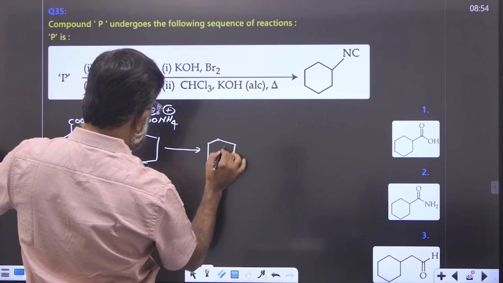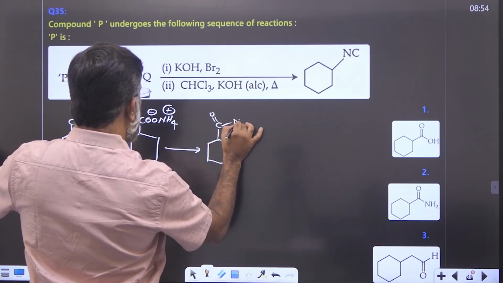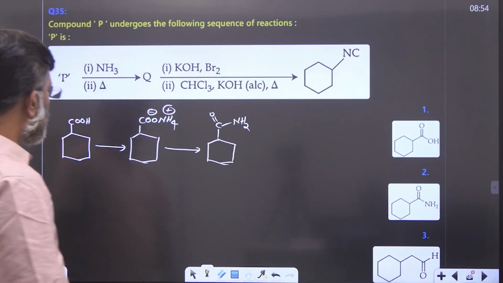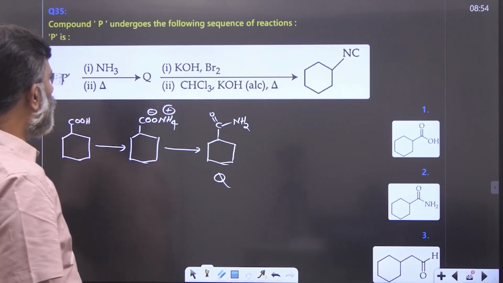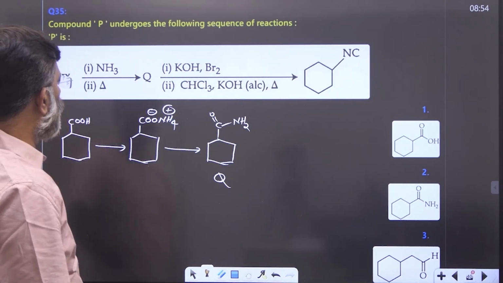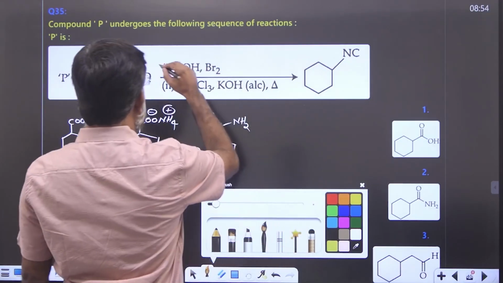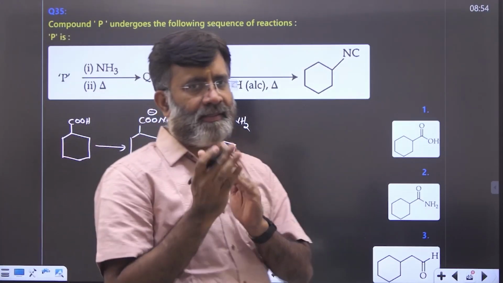You get a cyclohexane amide, right? Amide is obtained and that is Q. Now that is treated with KOH and Br2. I am sure all of you understand what the first reaction in the second sequence is.